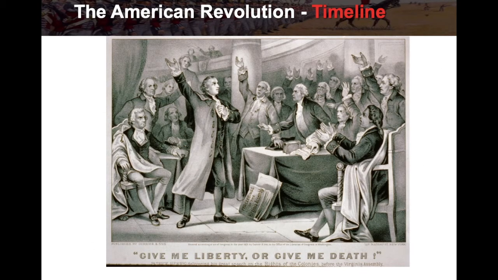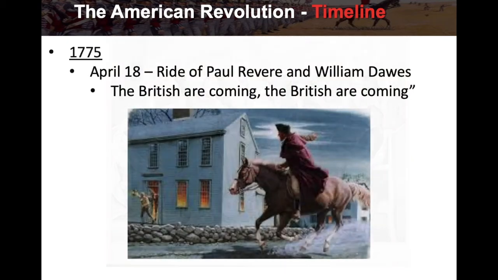There's the "Give me liberty or give me death" speech by Patrick Henry. Okay, so here's a picture of Paul Revere. This is just an artistic representation of Paul Revere riding, saying this, and over here you can just imagine these are the Minutemen, guys that can be ready at a moment's notice. I think I have a slide on that.